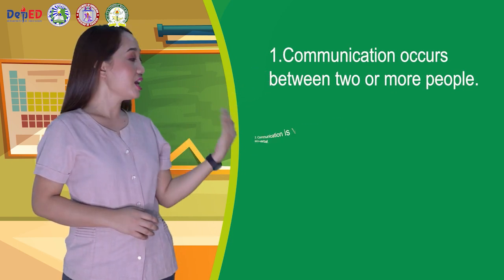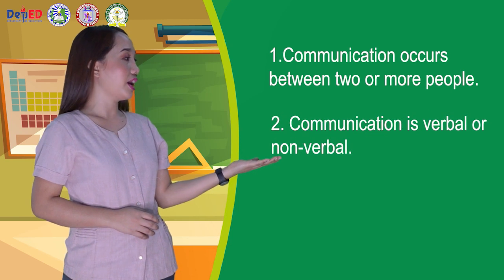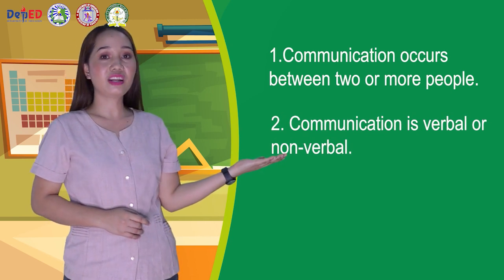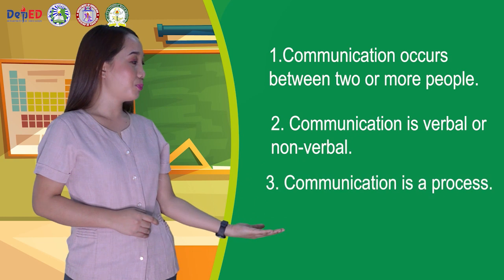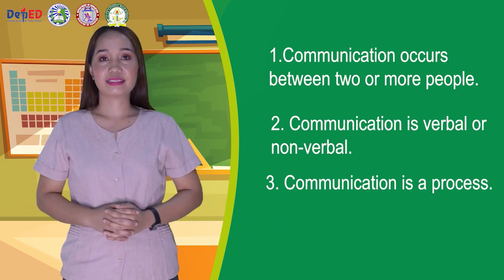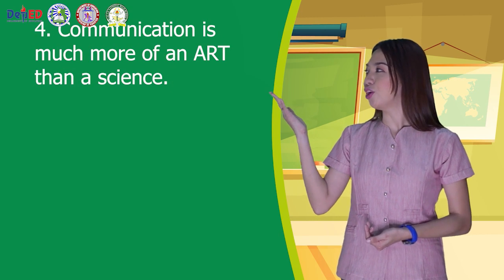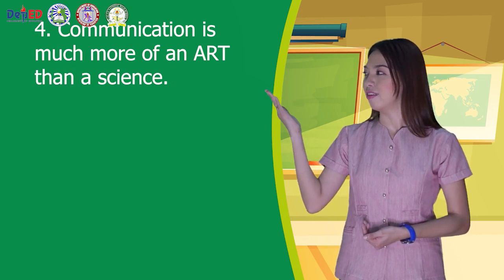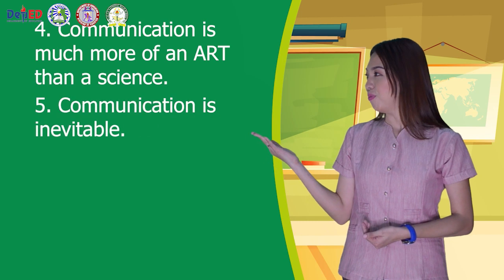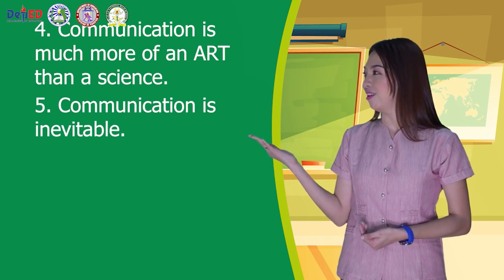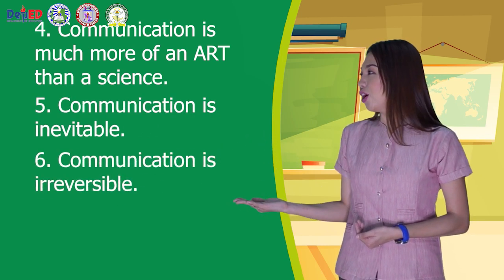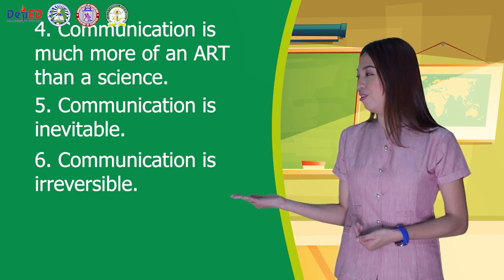Second, communication is verbal or non-verbal. Third, communication is a process. Fourth, communication is much more of an art than a science. Fifth, communication is inevitable. And sixth, communication is irreversible.